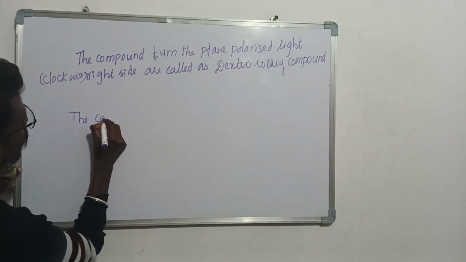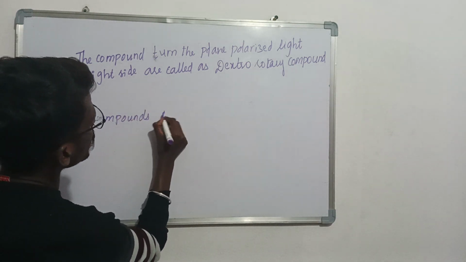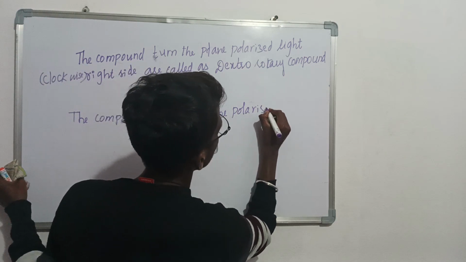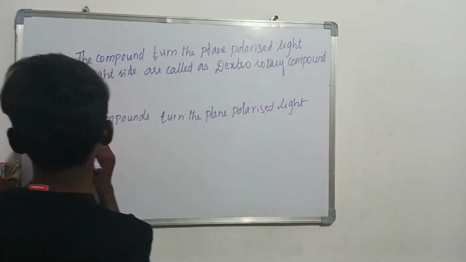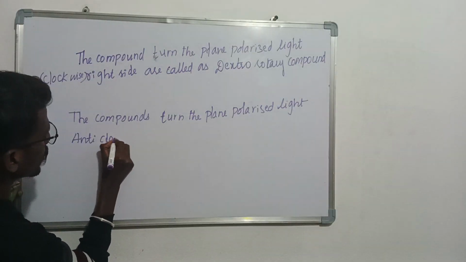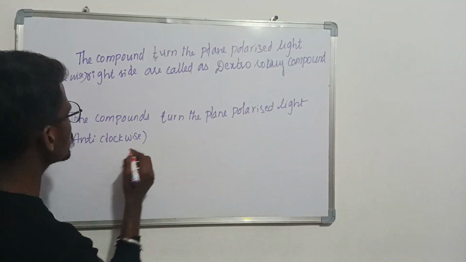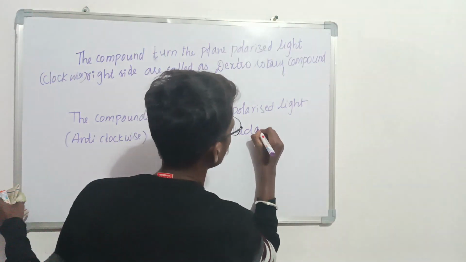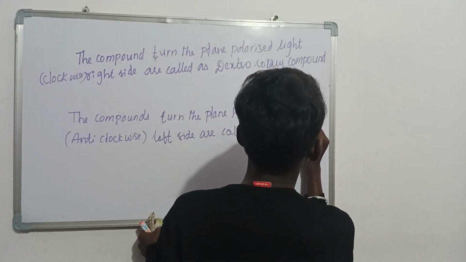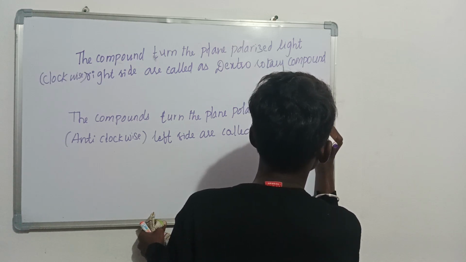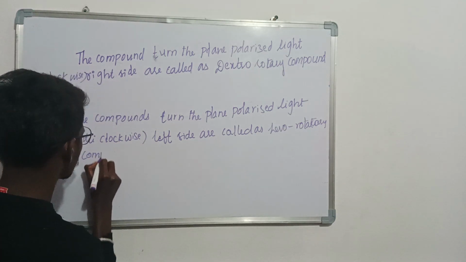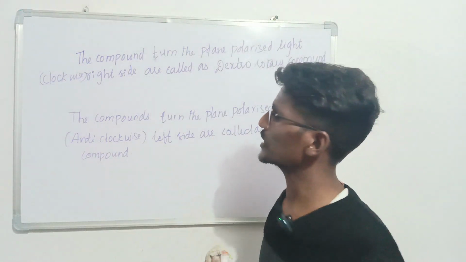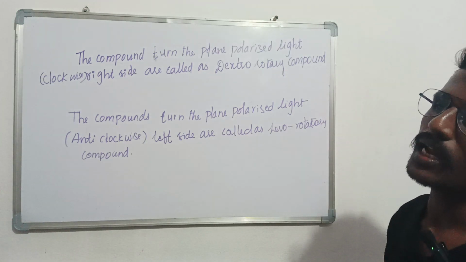The compounds which turn the plane polarized light anti-clockwise, that is to the left side, are called levorotatory compounds, or levo compounds. So this is about optical isomerism.